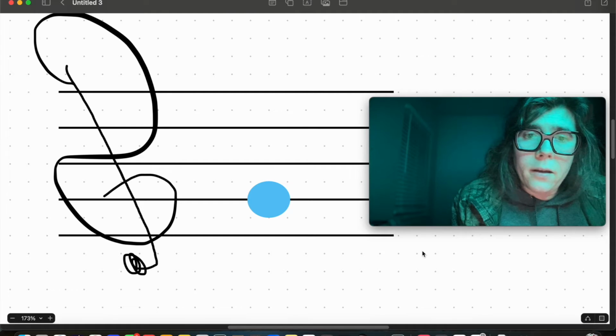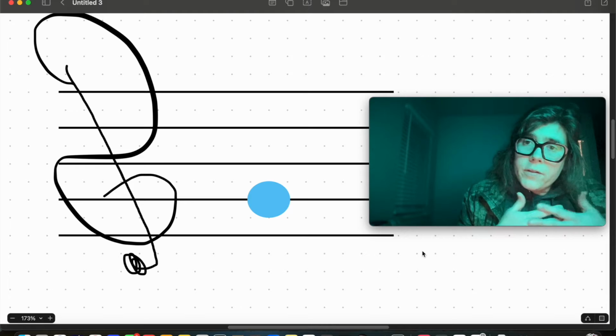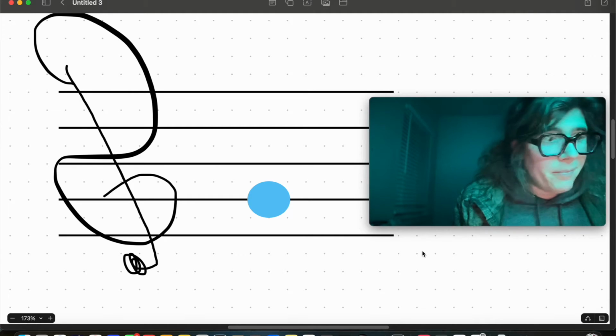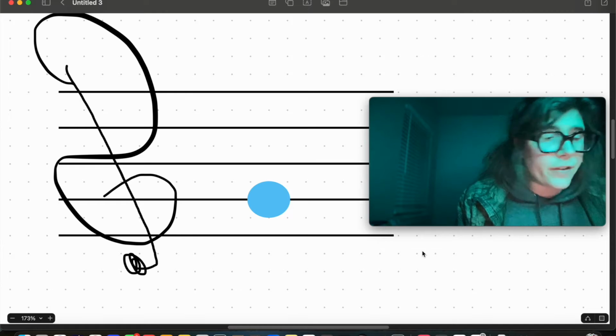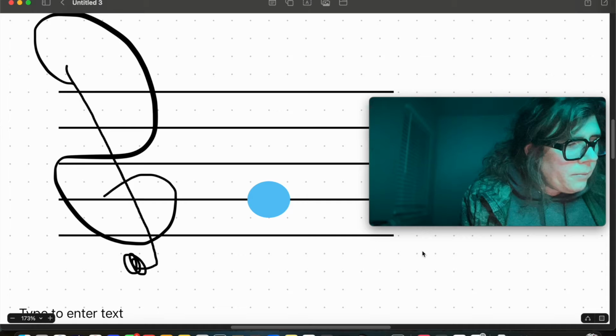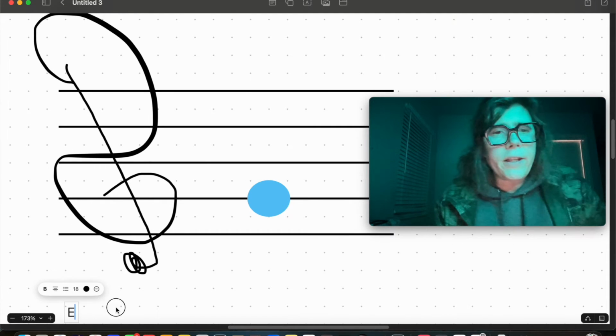If you're new at reading music notation, there are some quick ways that can help you memorize the letters of the staff. Let me see here. I'll start here.